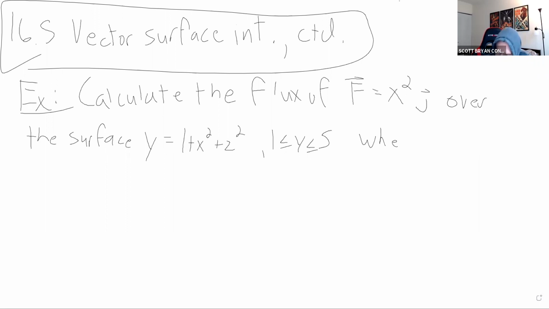And the orientation is going to have normals pointing in the negative y direction.